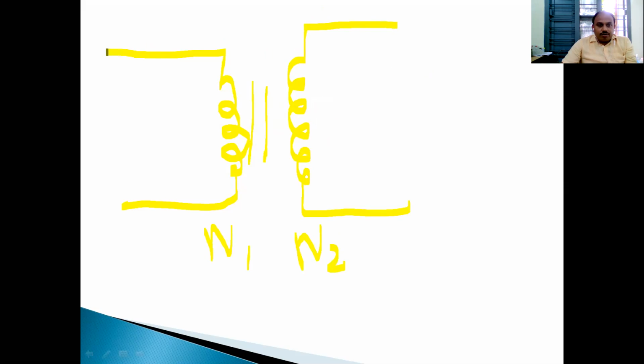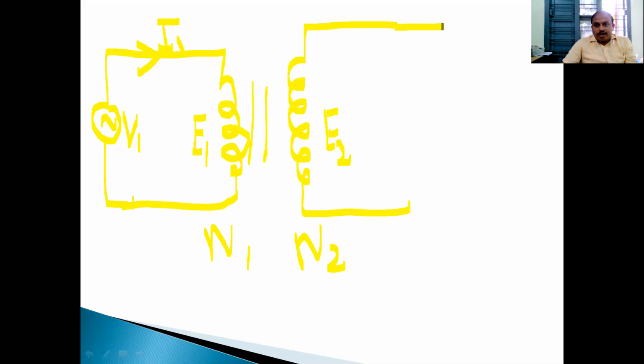This is the primary supply voltage, an alternating voltage represented with V1. This is the primary current I1. EMF induced in the primary circuit is represented with E1, and EMF induced in the secondary is represented with E2.